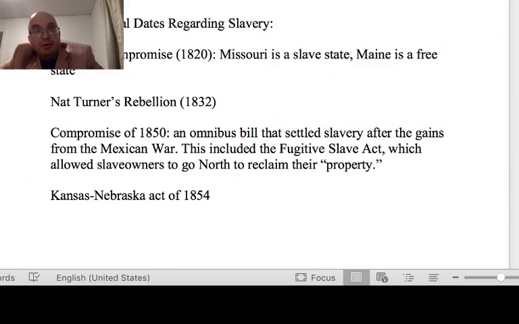Slavery was the main issue that caused the Civil War. Lots of people say that it was states' rights, like the South in particular thought that the federal government was impinging on their rights as states. Well, sure, that was a part of it, but it was their rights to own slaves that was at question.